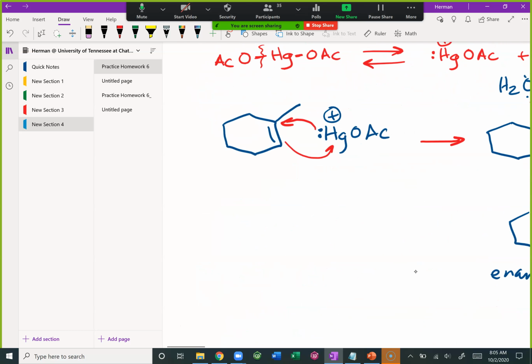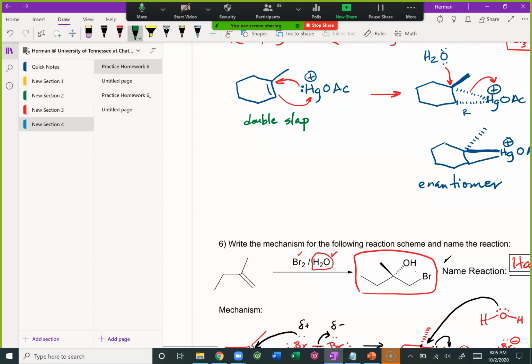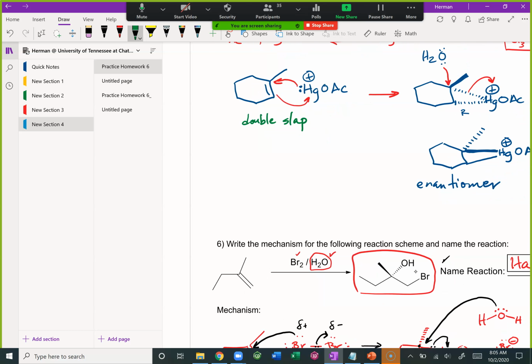That is similar to this one here. This is also a double slap. And so for the double slap, the return of the electrons usually goes to the most substituted carbon right here, this guy.